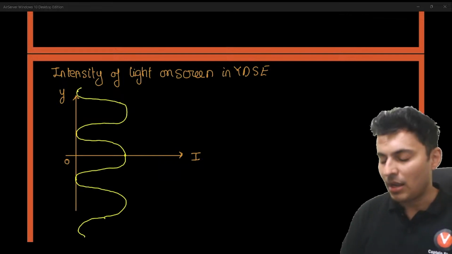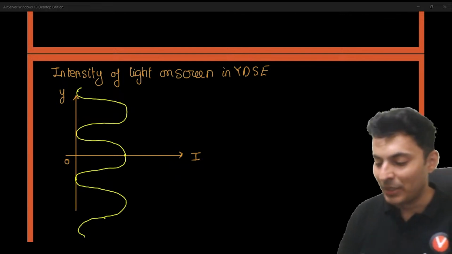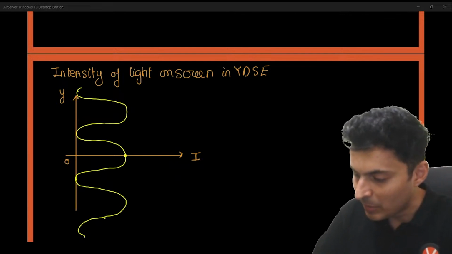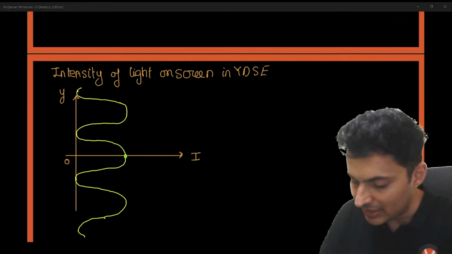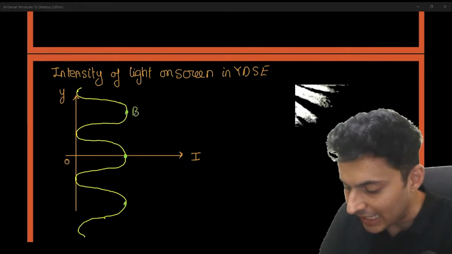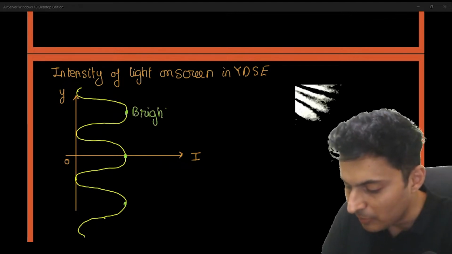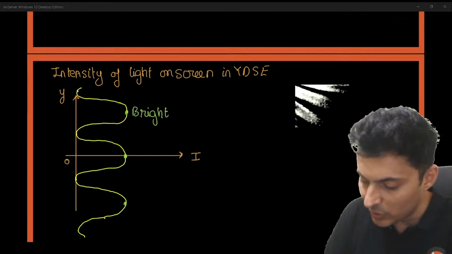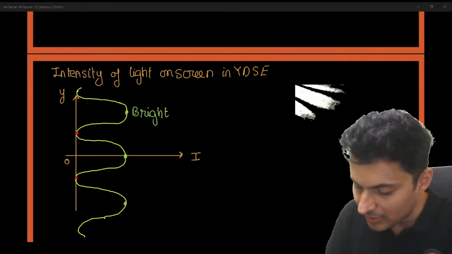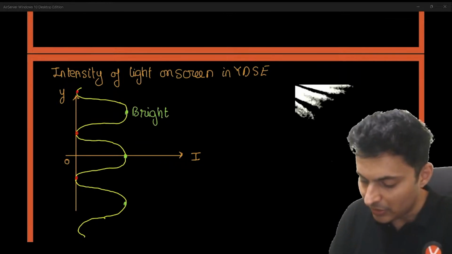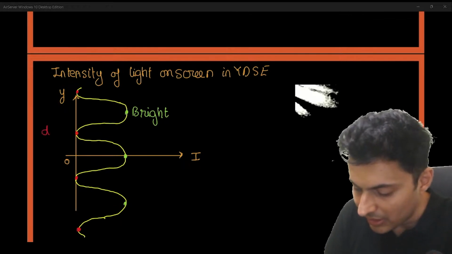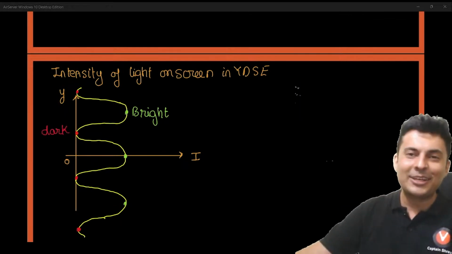It keeps going: maximum intensity, no intensity. Wherever it is maximum intensity, like this point, this point, this point, these are your bright fringes. But this point, or even this point, these are your dark fringes.